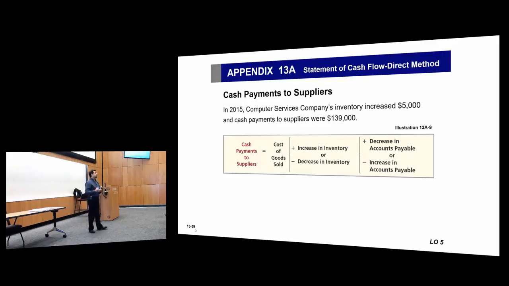Now, in addition to that, the company will have to adjust for the changes in accounts payable. They want to make sure that those purchases were in cash. Only the cash purchases will be accounted for. So a decrease in accounts payable means you paid less, right? No, wrong. An increase in accounts payable.